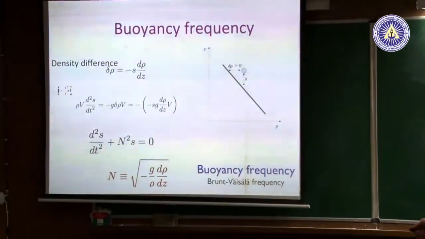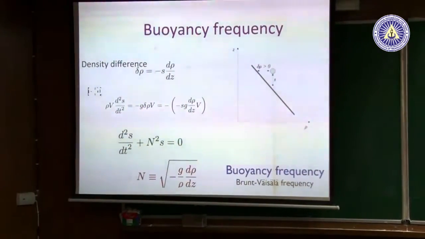Okay, now the buoyancy frequency is an important part, and that was talked about yesterday. I'll just go over it to remind you. We have a linear density with height, just like we had in here, and we get a parcel that is here, and we lift it up an amount s, and so it's now heavier than the surroundings.